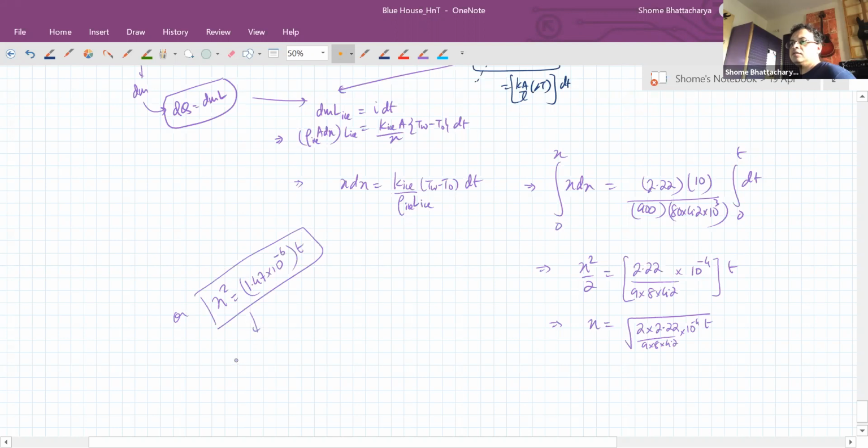So from this you can see that for let's say x equal to 1 meter, the time has to be these many seconds. Okay.